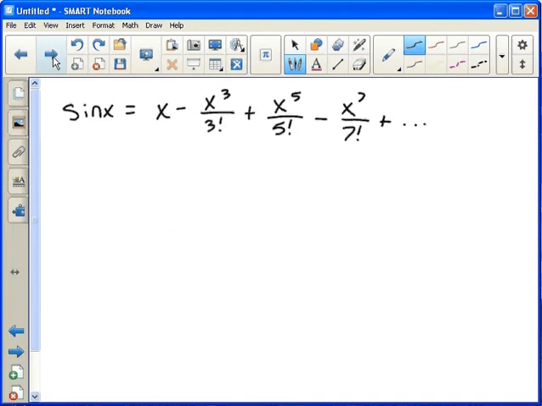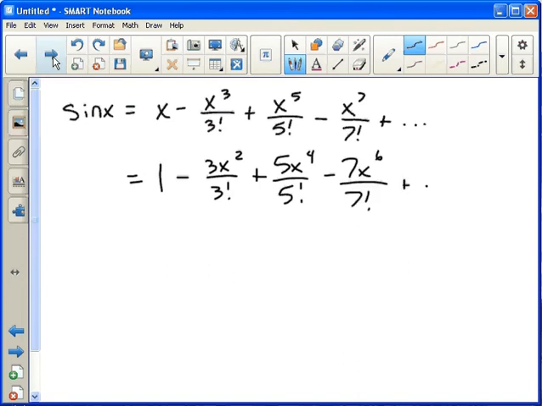Okay, here's another example. Sine of x. If you were to take the derivative of it, you would get 1 minus 3x squared over 3 factorial plus 5x to the 4th over 5 factorial minus 7x to the 6th over 7 factorial.